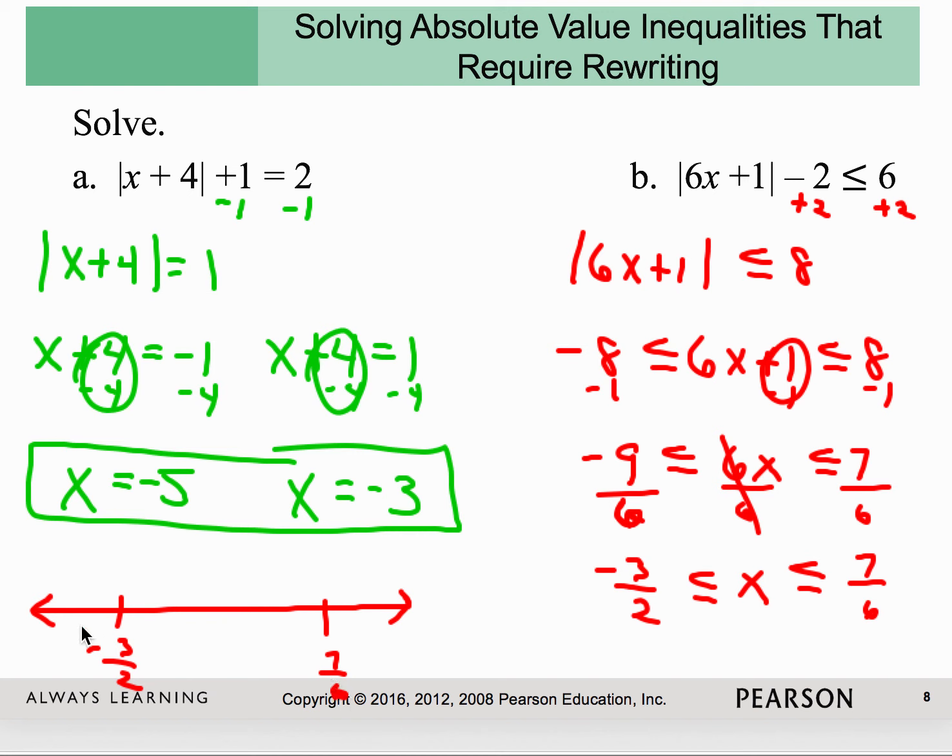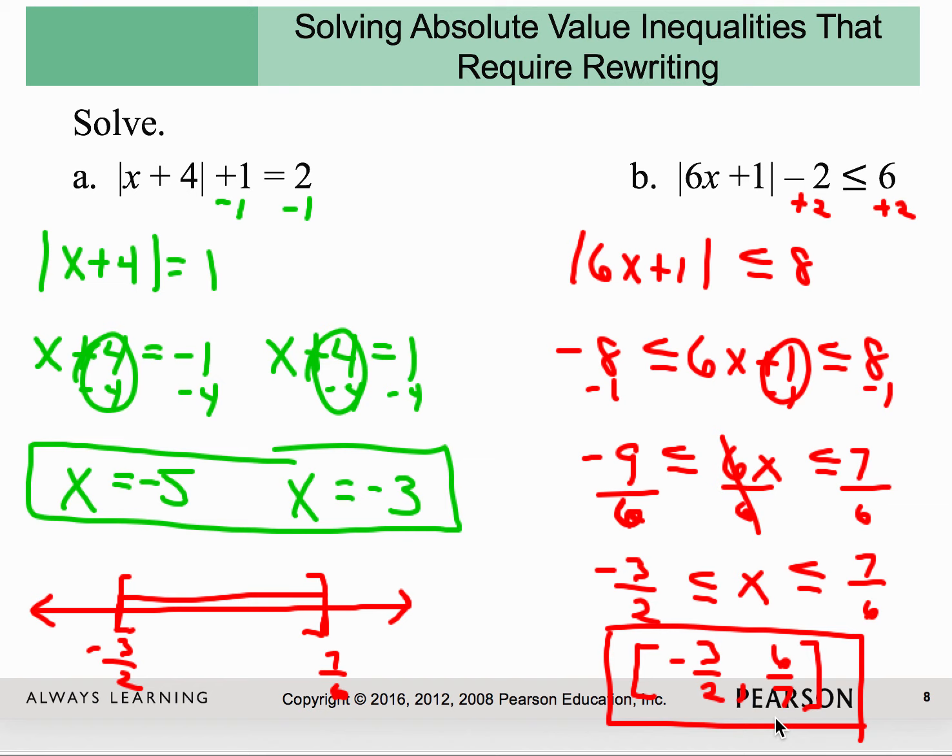I know the negatives on this side is 0, positives on that side. And my x is in between them with equal signs. So my answer is -3/2 to 6/7. Anything in that interval.